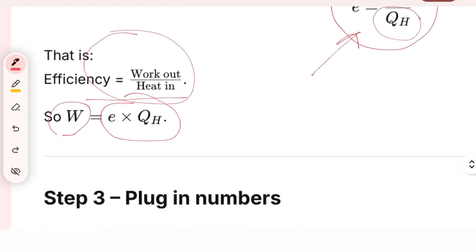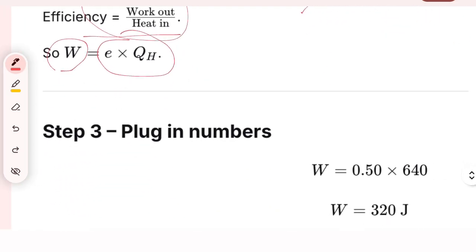All right. So we will plug in the numbers that are given in the problem. The work done is equal to the efficiency, that's E, times the heat in, which is 640.